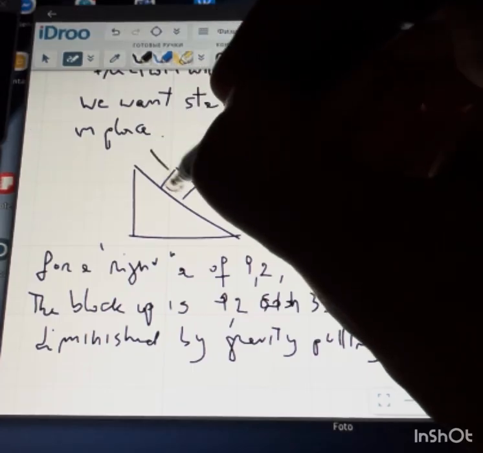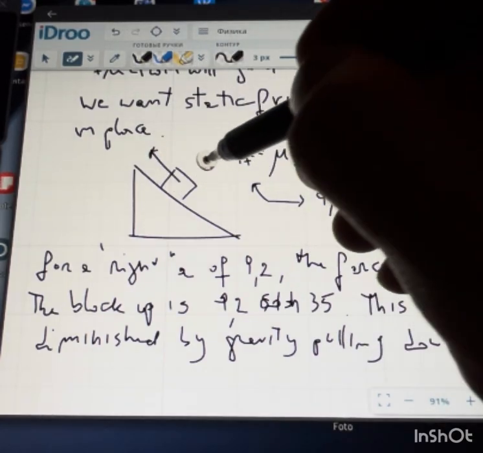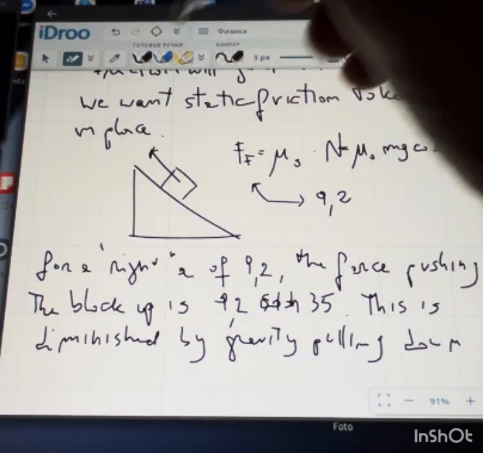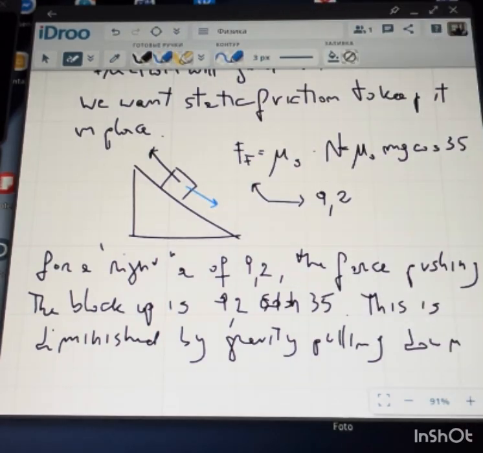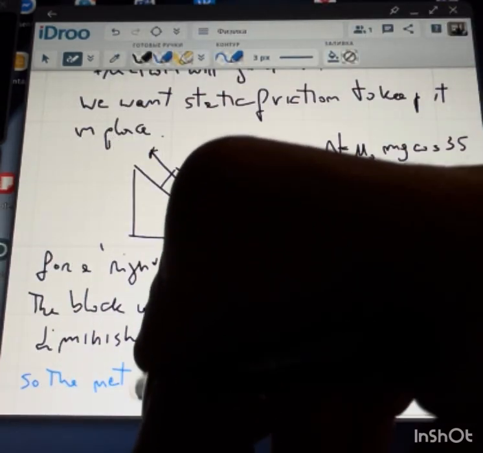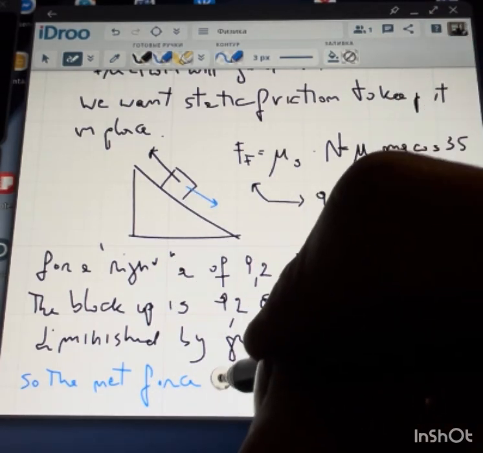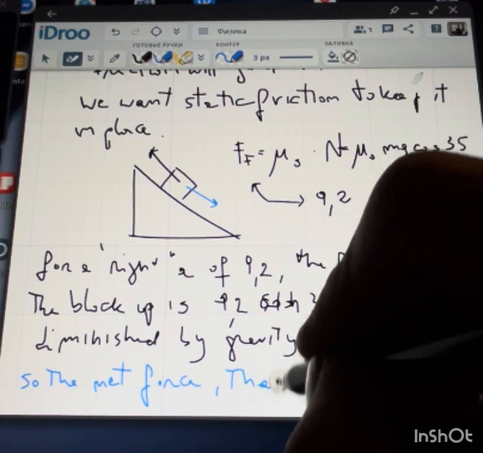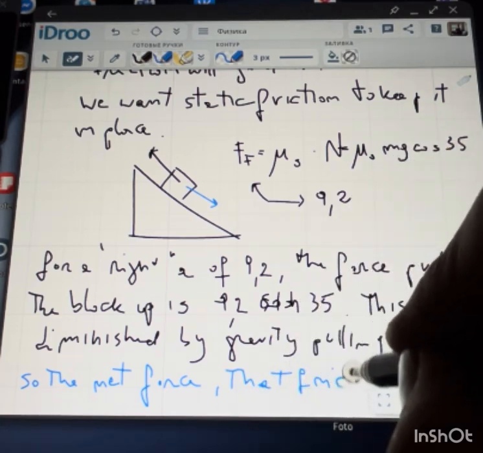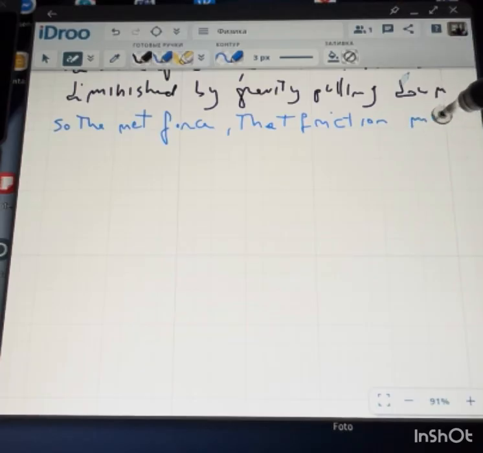Because there is the component of the force pulling up, since we are sliding the wedge too quick, but there is still gravity pulling it down, isn't it? Yeah. So the net force is the one the friction must counter, so as to keep the net force 0. Exactly.